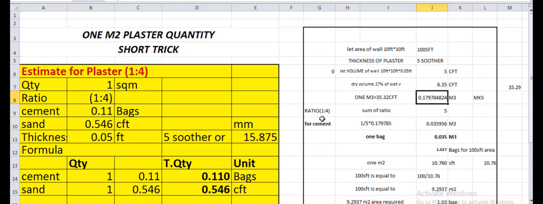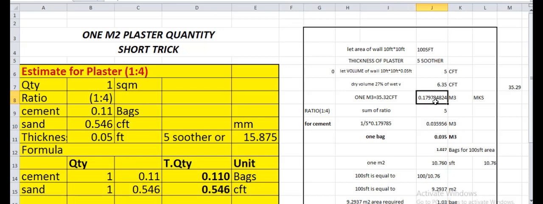For the plaster quantities, plaster has only 2 ingredients, one is cement and the second is sand. Plaster is made of these 2 things, so the sum of the ratio is 5. For the cement, 1 divided by 5, the cement is 1 and the dry volume is 0.1795.